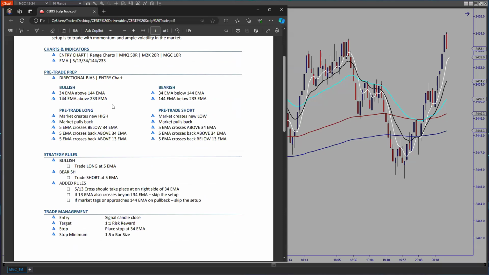Yeah, exactly right. We didn't look at slopes. No, we didn't look at that as a criteria. But I think having the 5 different EMAs kind of helps assist with that, and also the location. It's really hard to quantify what the slope of the EMA is.